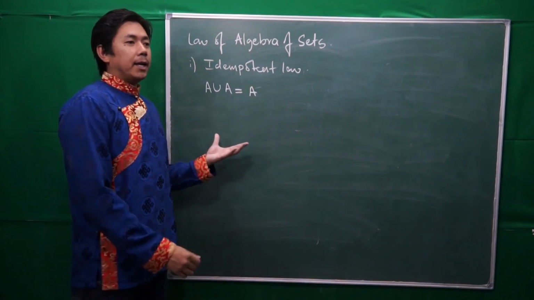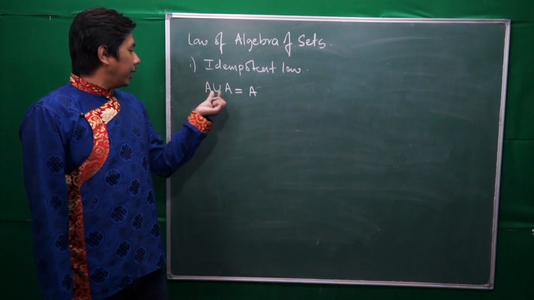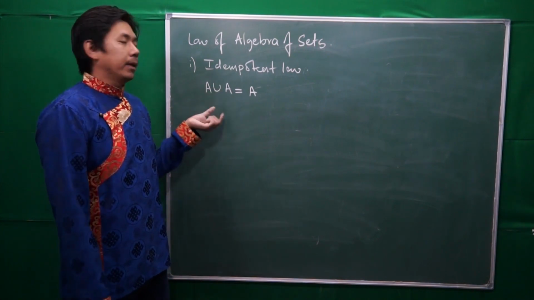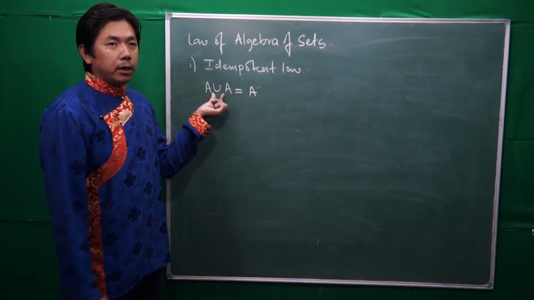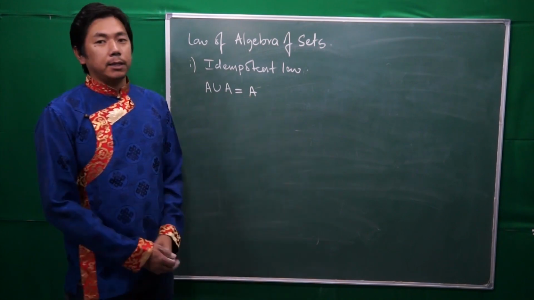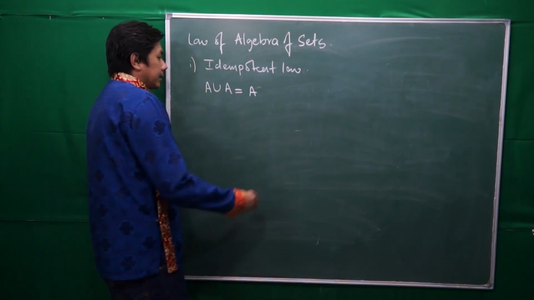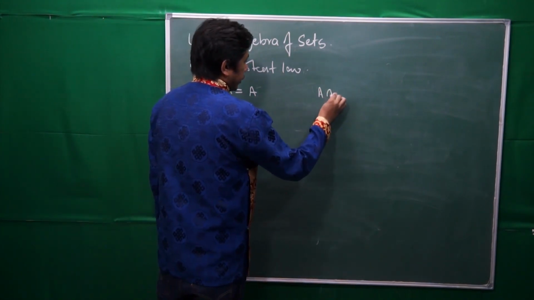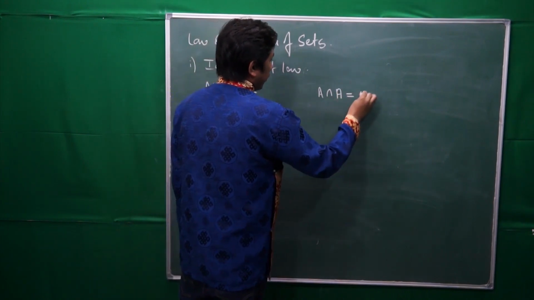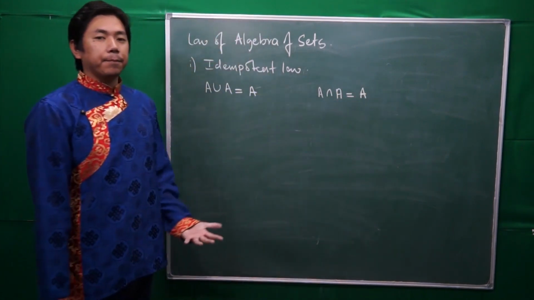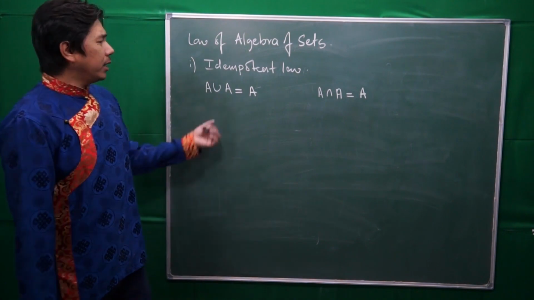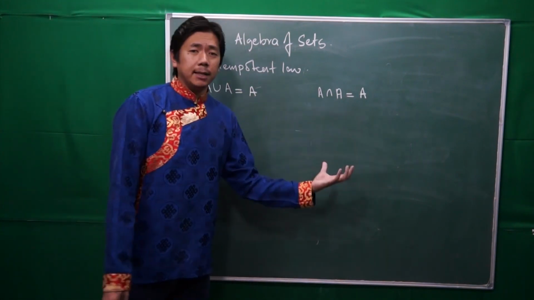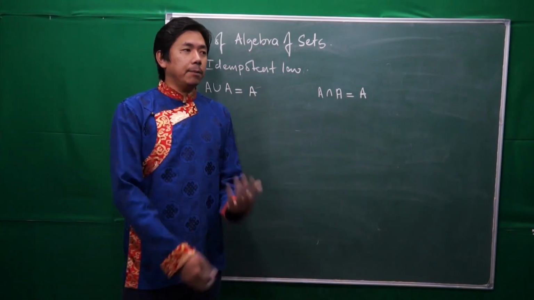Through Venn diagram we can clearly know that when the same set is operated by union, it will give me the same set. Similarly, for intersection as well, A intersection A would again give me A. So in case of union and intersection with the same set itself would give me the same set.